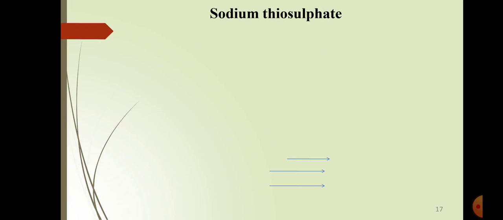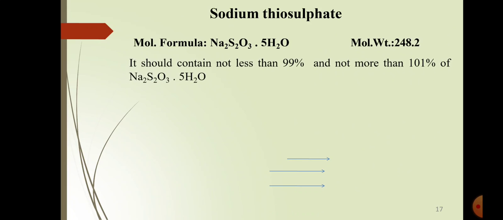Next, sodium thiosulphate. It has got a molecular formula Na2S2O3·5H2O and a molecular weight 248.2. It should contain not less than 99% and not more than 101% of sodium thiosulphate.